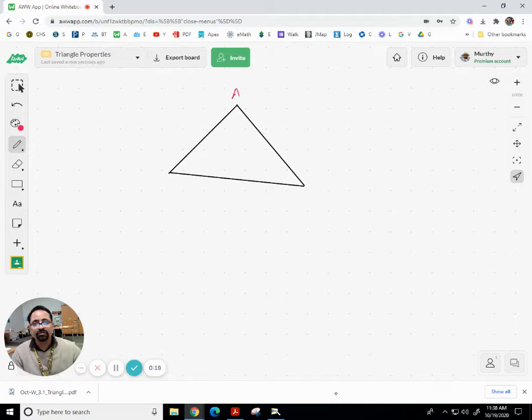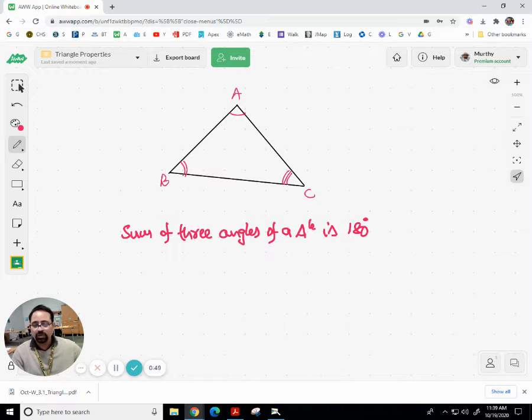Let's say that this is A, this is B, and this is C. Whatever the triangle you take, always the sum of three angles of a triangle is 180 degrees. So here, let's go for an activity.